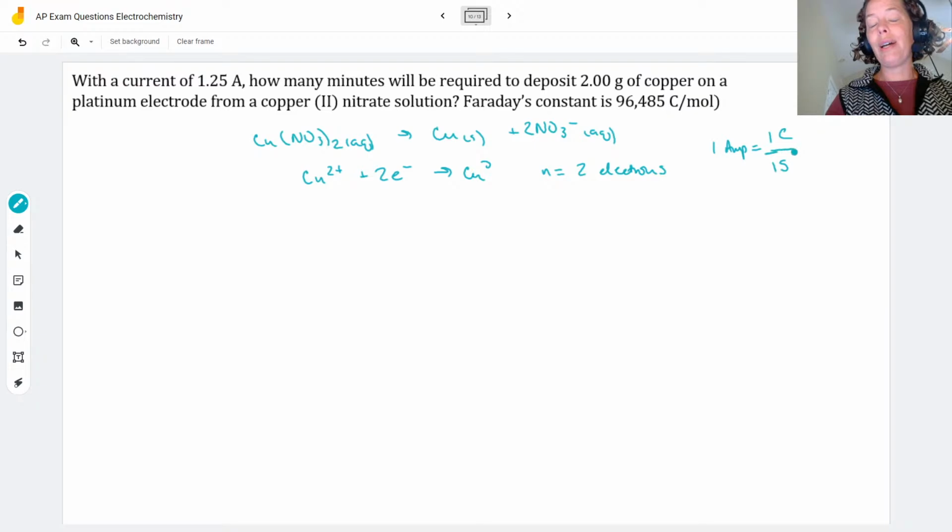Mathematically it's not going to change anything, but it'll show you how to make your units work out the way you want. So we're going to start with our 2 grams of copper. That is how much we want to plate, and we're going to figure out how much time it's going to take. I'm going to need a lot of space for this one. We've got our 2 grams of copper.